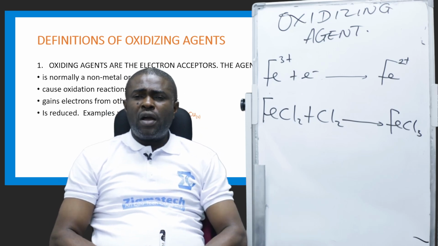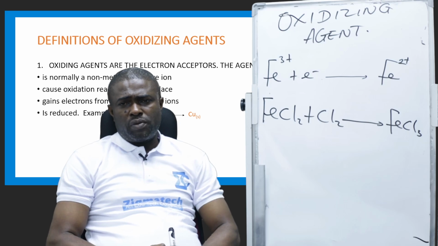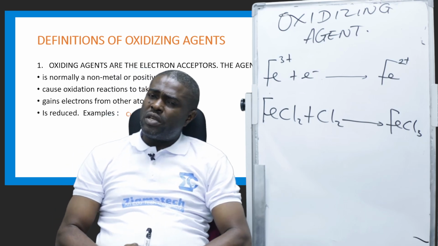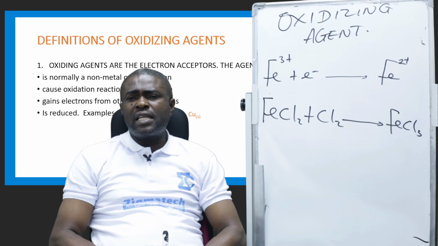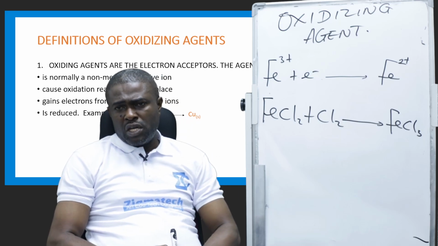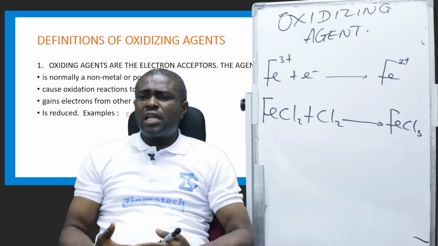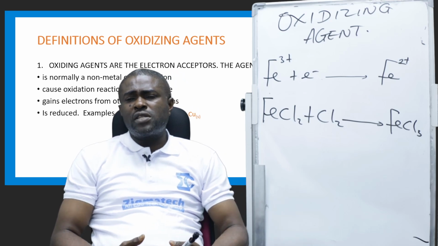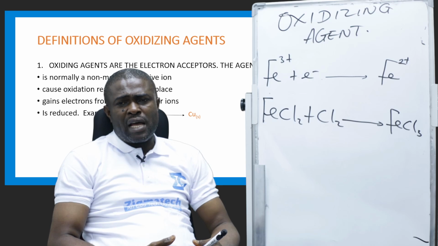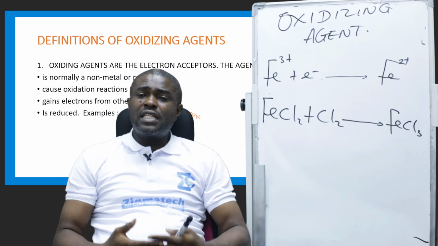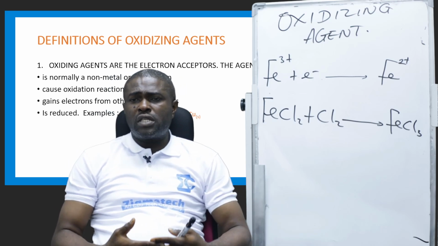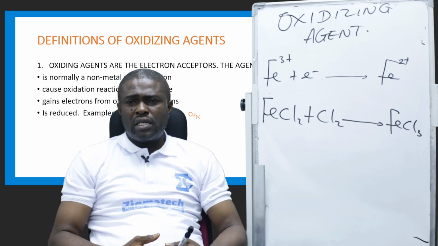So you discover which part is taking the electron. And which part did I mention? The part that carries the highest positive charge should take in the electron. And when it takes in this electron, it reduces the total positive number at that particular element so that it can now correspond with the charge at the other side.